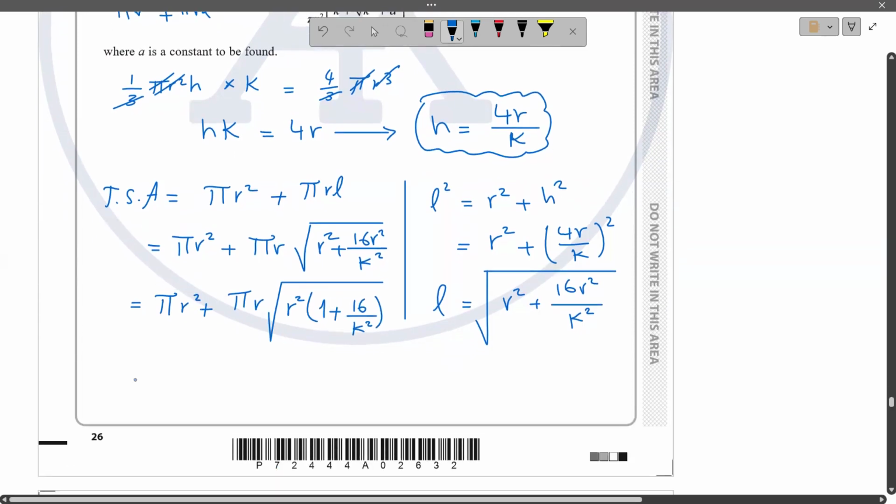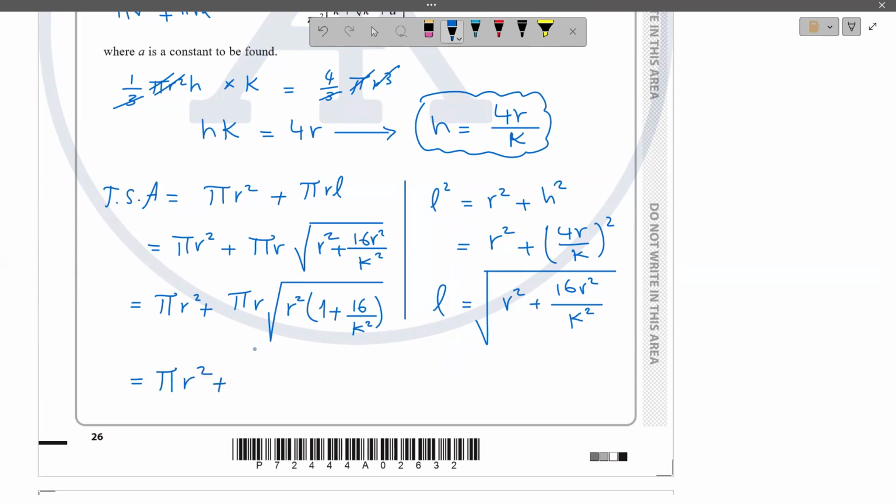Then it will equal pi r squared plus r squared; I can take it outside the bracket, multiplied by r, which gives pi r squared times the square root of 1 plus 16 over k squared.